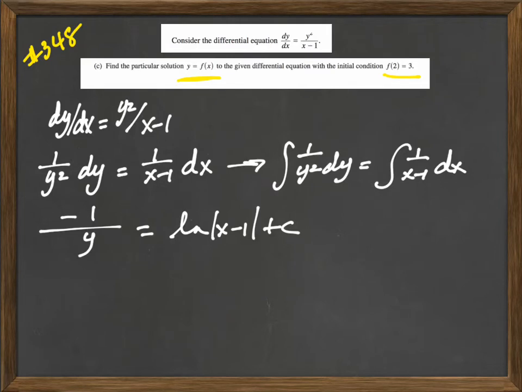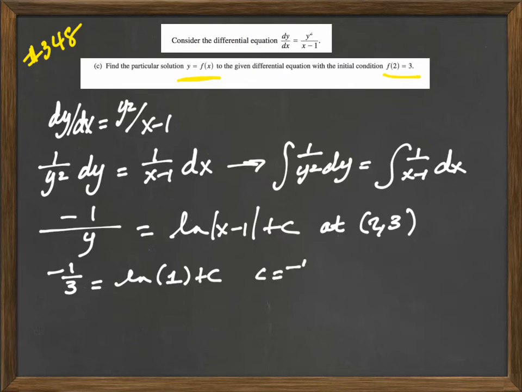Now let's use the point (2, 3) and we'll find c. So negative 1/3 is equal to ln of 1 plus c. And we know ln of 1 is 0. So c equals negative 1/3.